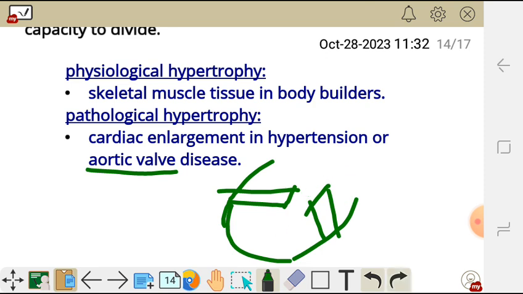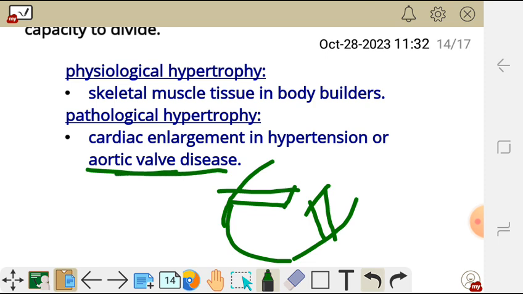To do so, it has to increase its muscle tissue. Its striated muscle tissue has to increase in size so that it overcomes this obstacle on the way, which is called aortic valve stenosis.